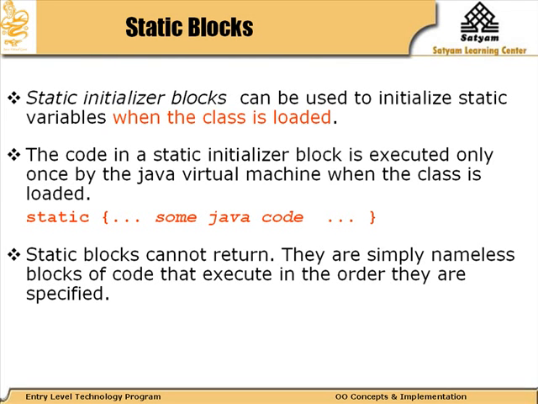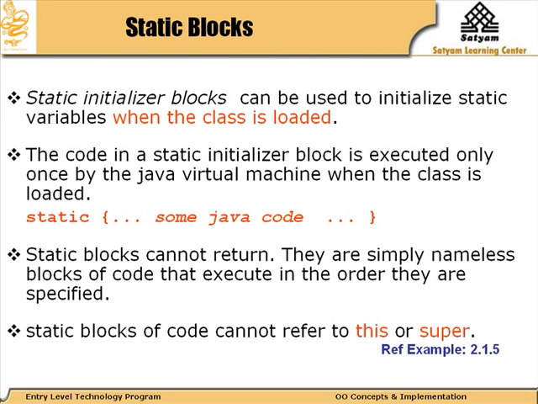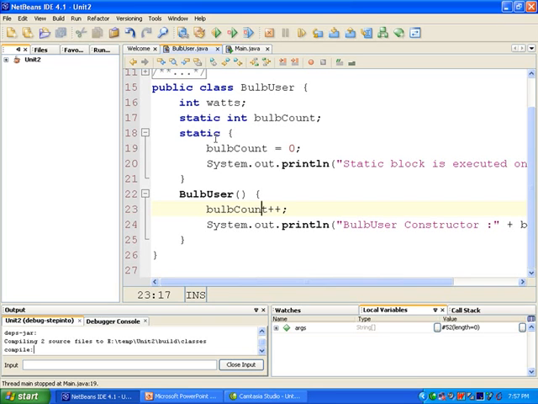Static blocks cannot return. They are simply nameless blocks of code that execute in the order they are specified. Static blocks of code cannot refer to the this or super keywords. Static block example.